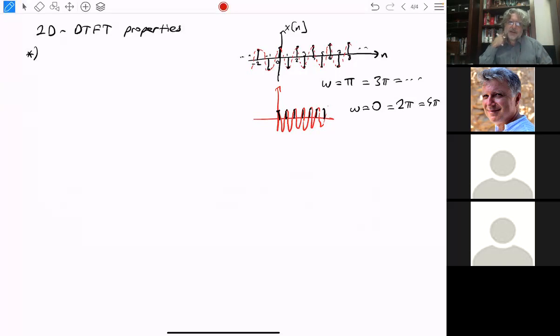And this structure makes the DTFT, the discrete time Fourier transform, to be 2 pi periodic. Whatever you have around 0, you also have it around 2 pi, you also have it around 4 pi, and whatever you have around pi, you also have it around minus pi, minus 3 pi, plus 5 pi, etc. So everything becomes 2 pi periodic, and only, let's say, between minus pi and pi is the meaningful range for you, because pi is the highest positive frequency, minus pi is the highest negative frequency, and 0 is in the center, it's the lower frequency.